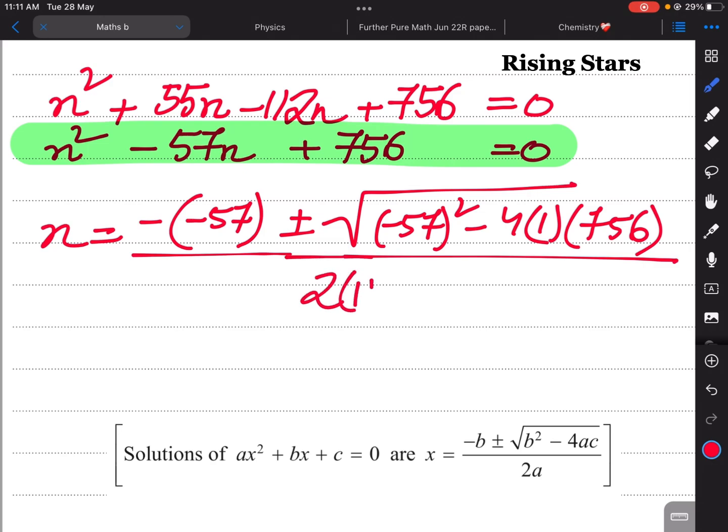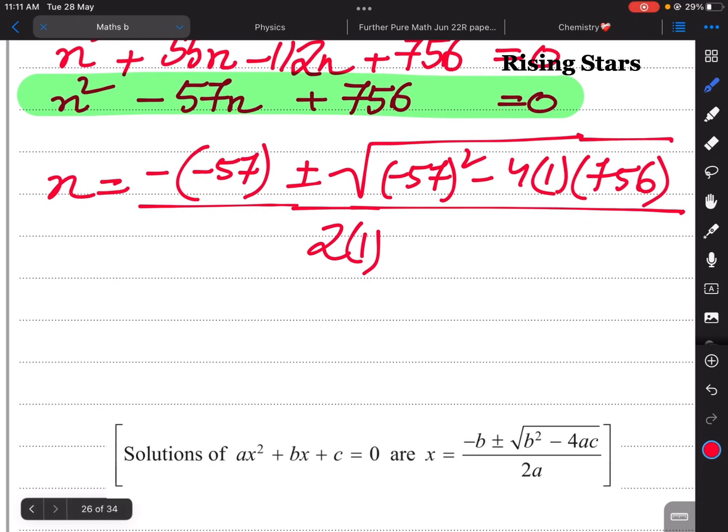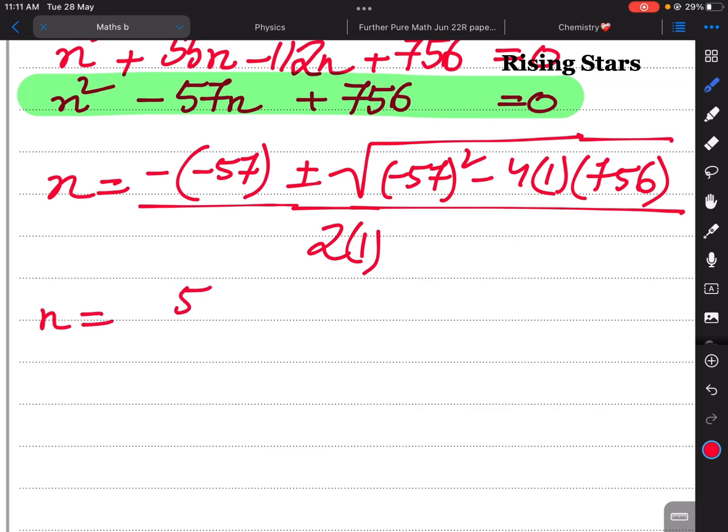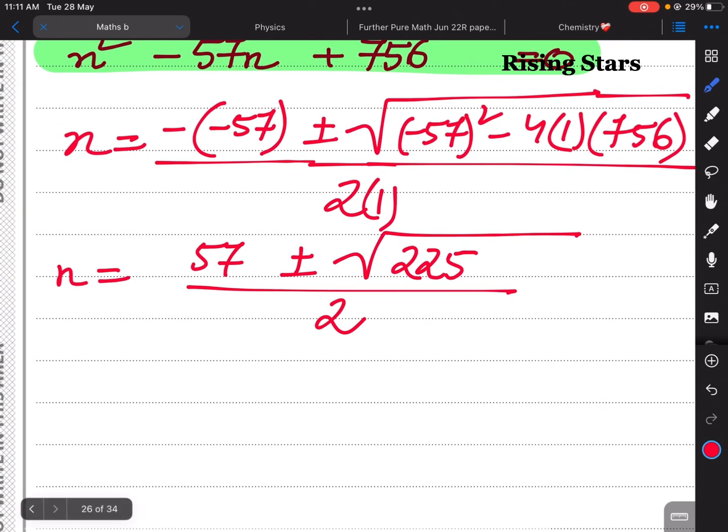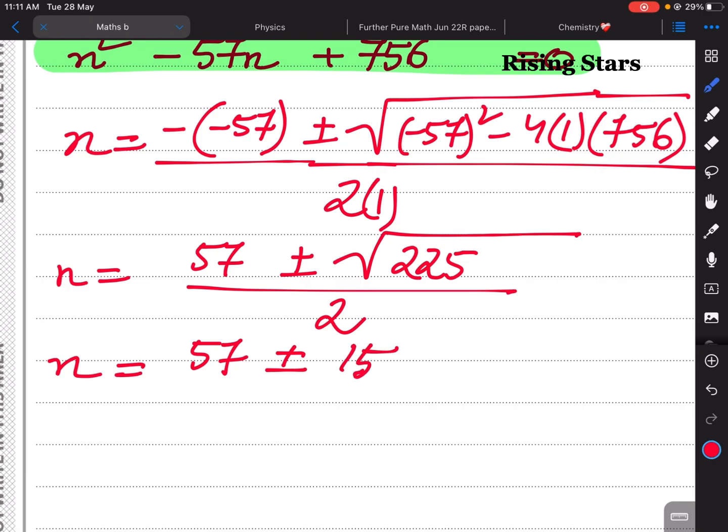So n equals 57 plus or minus the root of 57 square minus 4 into 756, which is 225. That looks like a good number that can easily be square rooted. So n equals 57 plus or minus the square root of 225, which is 15, divided by 2.